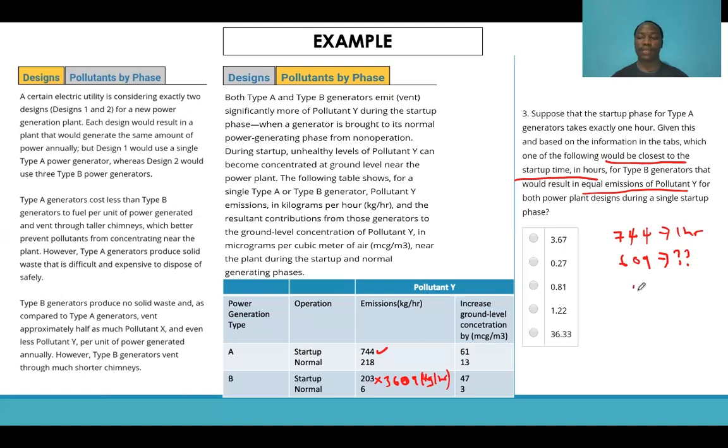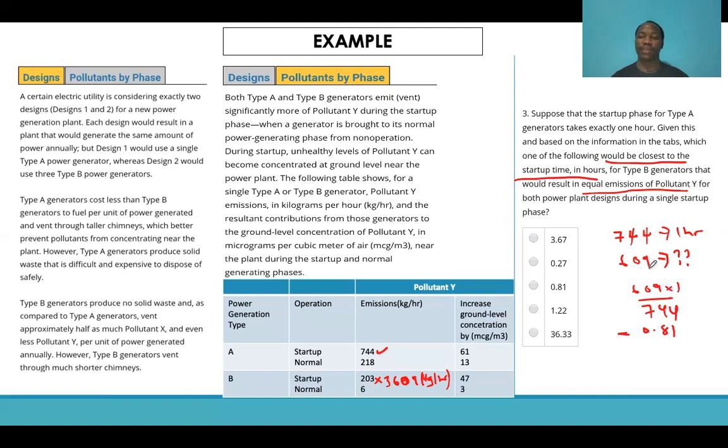All right. So this is close to, I would say, 609 times 1 all over 744, which gives us approximately 0.81. Again, remember the question asks that will result in equal emissions of pollutant Y for both of them.